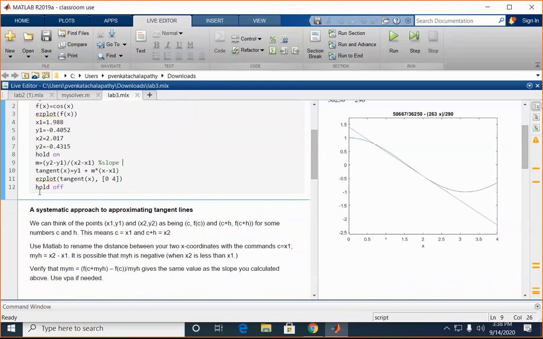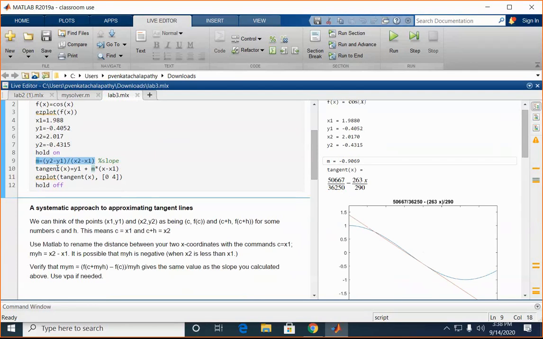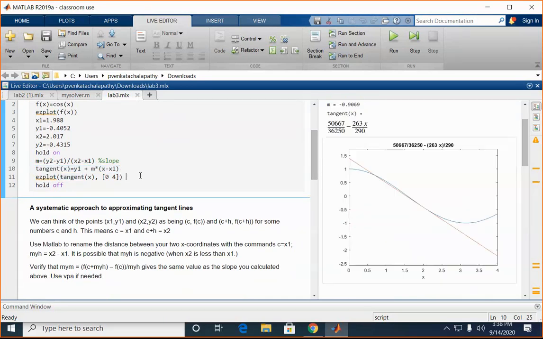Now, after you know the slope value, how do you find the tangent? This will be the formula for that. Tangent will be equal to y1 plus m into x minus x1.